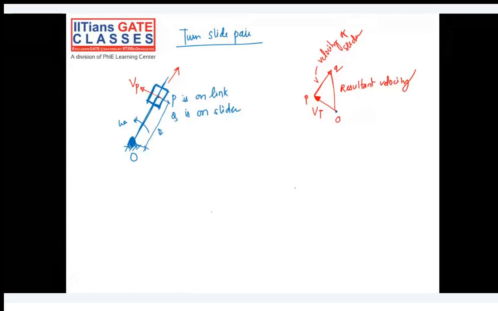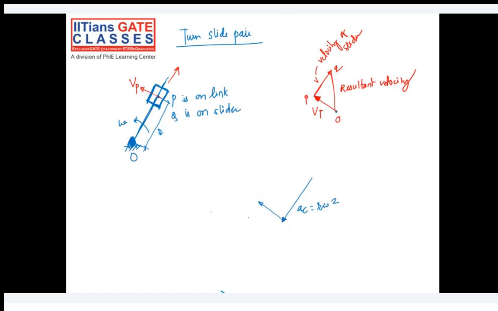So it's not that straightforward now, because the slider will have some acceleration. The slider is sliding in this direction, so this is the acceleration of the slider. I'll draw this simple figure here. The slider is here, for example, at the beginning, and after some time the slider comes here.